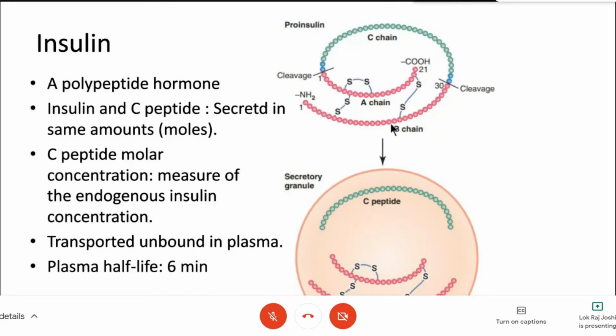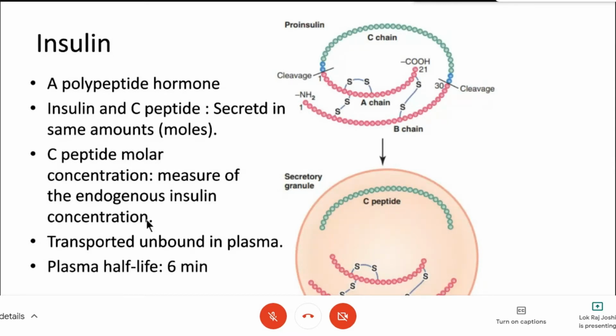Because this C chain was also a part of proinsulin, its significance is that when insulin is secreted into the blood from the pancreas, an equal amount of C peptide will also be there in terms of number of moles, number of molecules. If we measure the concentration of C peptide and insulin in moles per liter, there will be equimolar concentration.